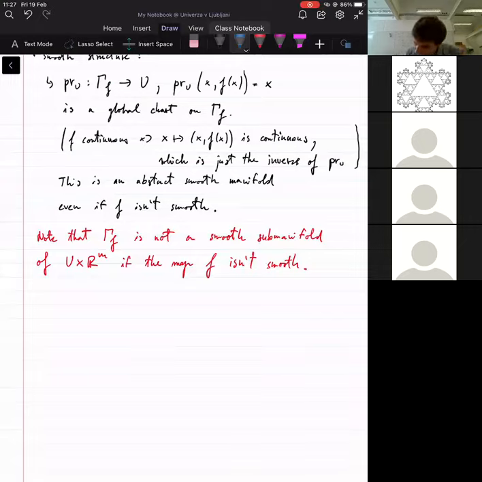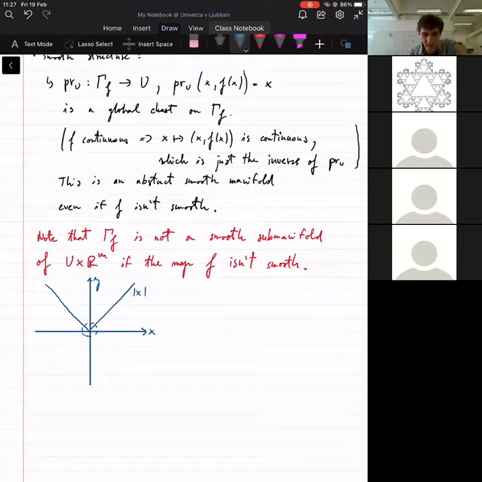Maybe the most obvious one would be something like this. So we have the graph of the absolute value. Okay, and as a submanifold, this is the problem, right?